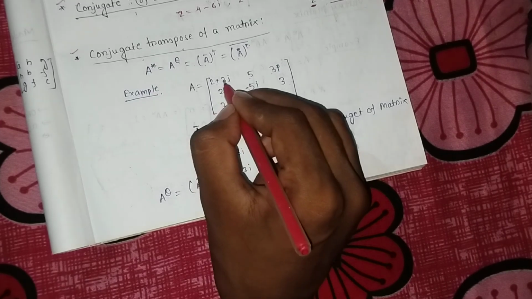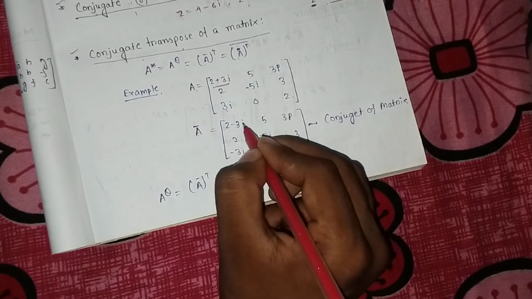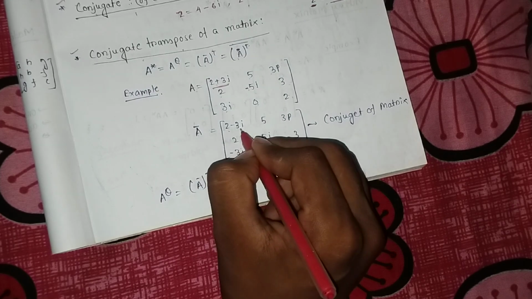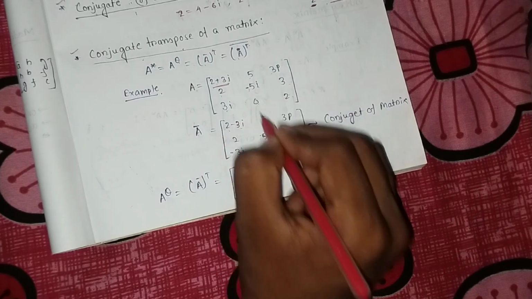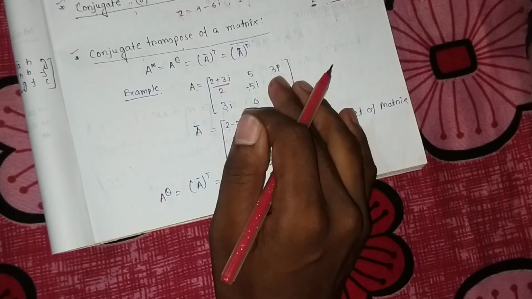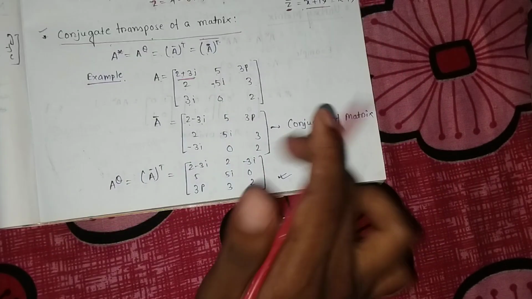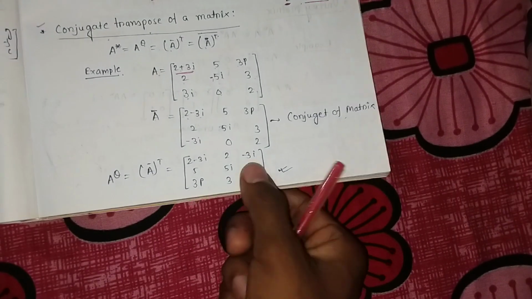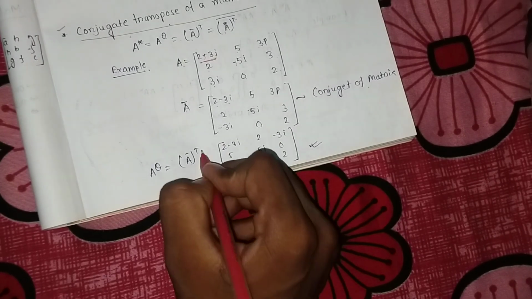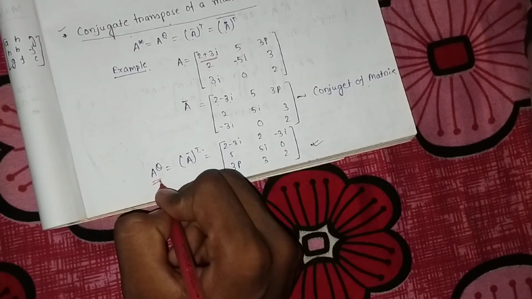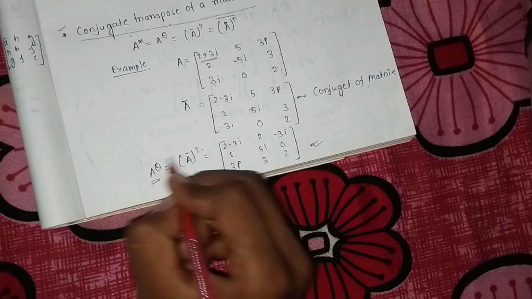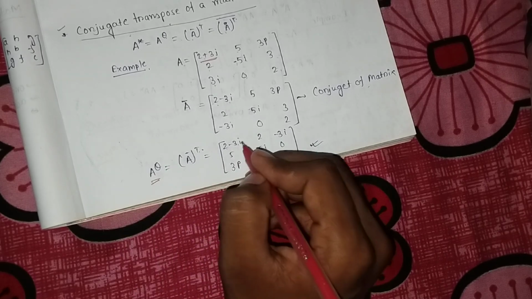So 2 plus 3 iota is a complex number, so its conjugate is 2 minus 3 iota. Here minus 5 iota has conjugate 5 iota, and all the others are real numbers, so we don't need to change any number. So this is the conjugate of the matrix. Now if we take the transpose of this matrix, then it is called the conjugate transpose, which is defined as A theta, which has 2 minus 3 iota.